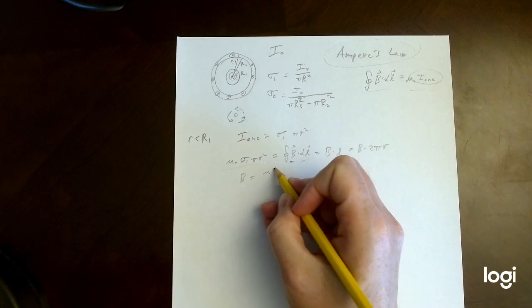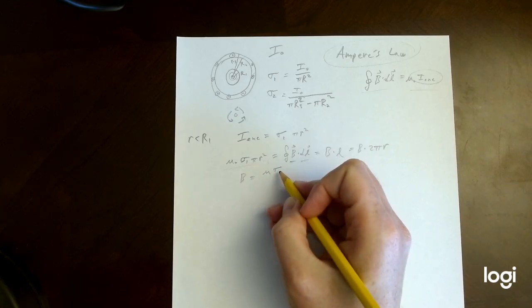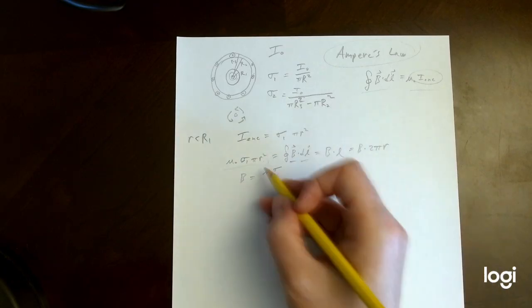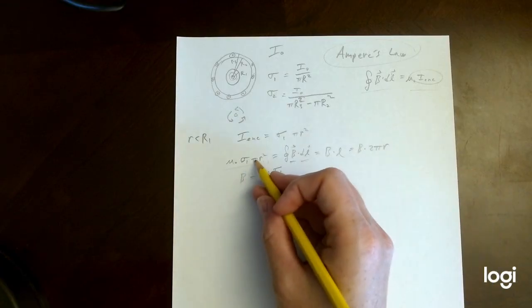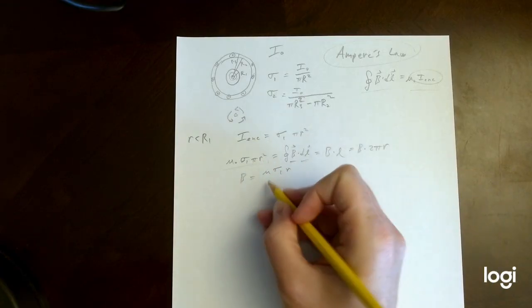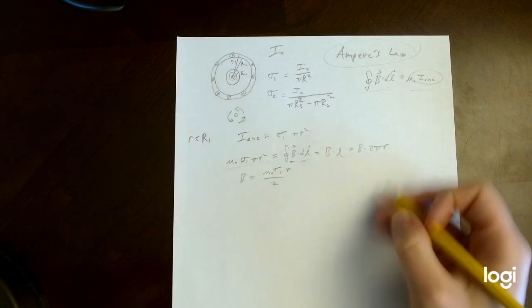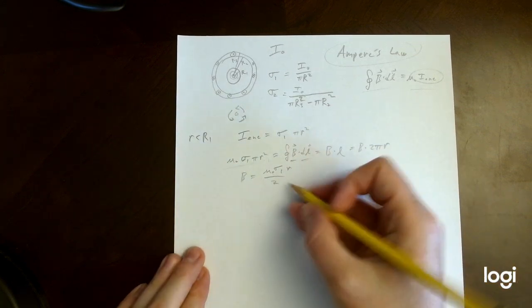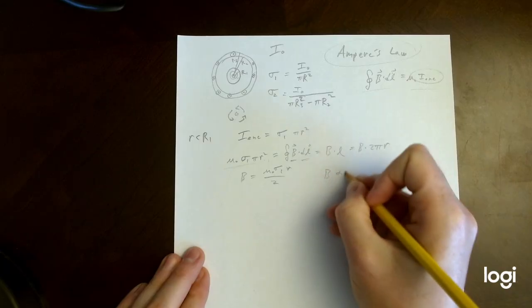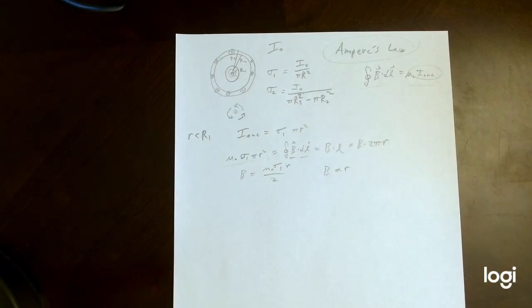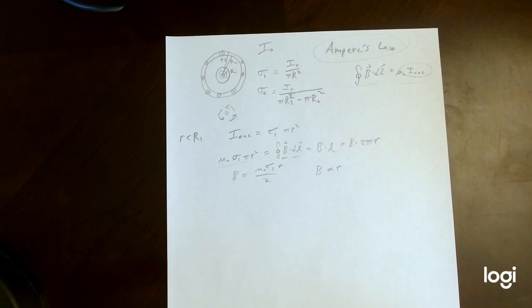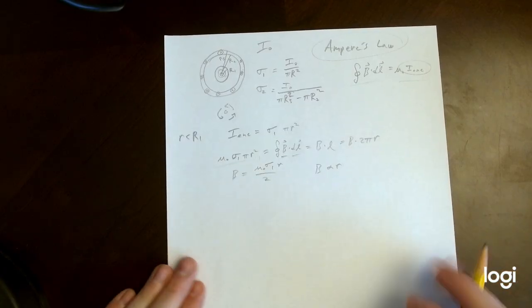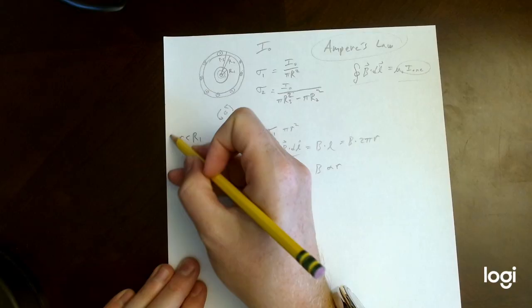We get mu naught sigma 1 pi cancels, and we get one single factor of r over this 2 as we bring that over to the other side. And so what we see is that B increases linearly with the radius, that the magnetic field strength is initially increasing in this first region, so I'll call that region 1.